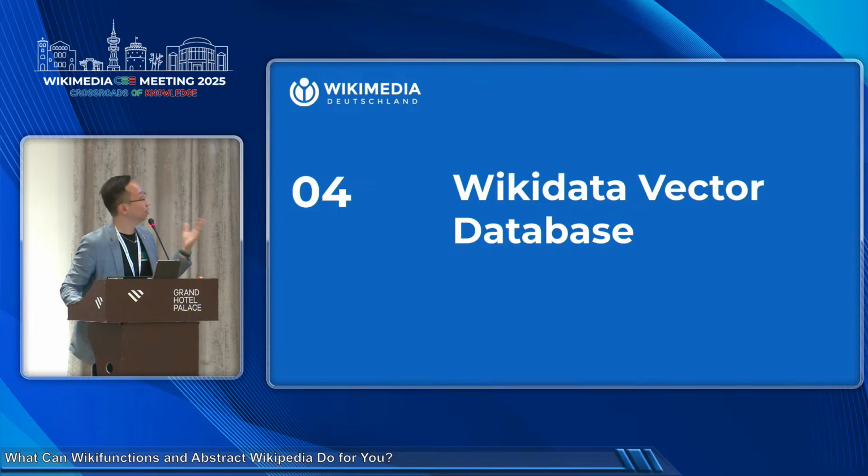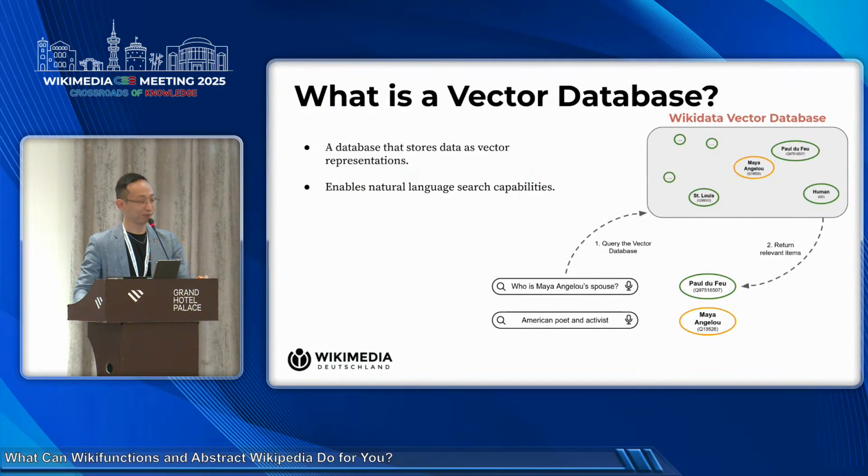Now, this is the fun part about what we're doing at Wikidata: the Wikidata vector database. So what is a vector database? Let me give you a quick crash course here. I'm not an expert in this, and there's no reason to dwell too much on this at this session, but just for those of us who are hearing this for the first time, a vector database is a database that stores data as vector representations, and it enables natural language search capabilities.